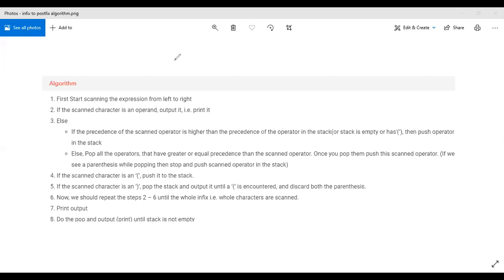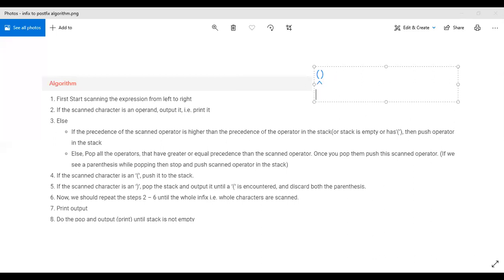Precedence means importance. In one word, importance. See, brackets are given first importance, so the value in brackets will be converted to postfix first. Next, exponent will be the highest preference operator.